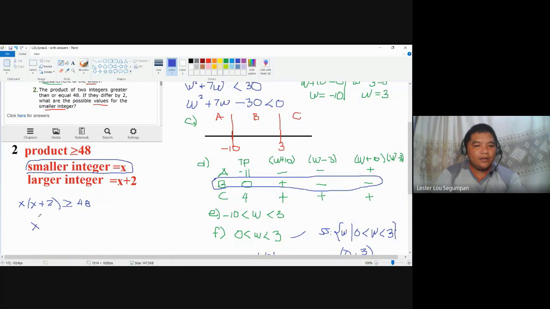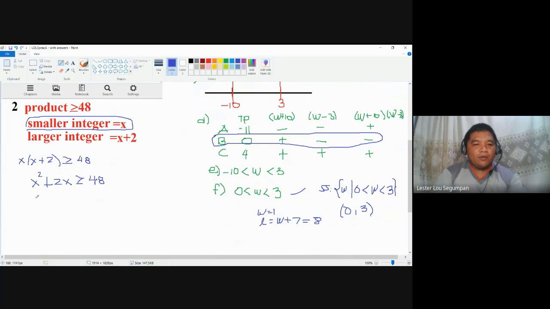Distributive property. So you have x squared plus 2x is greater than or equal to 48. And then subtract both sides by 48 so that we could come up with 0 on one side. You have x squared plus 2x minus 48 greater than or equal to 0.